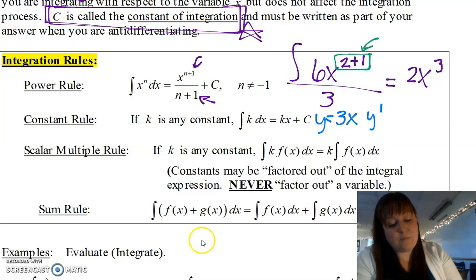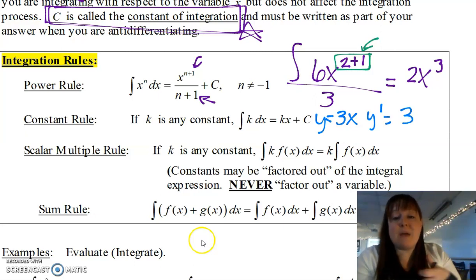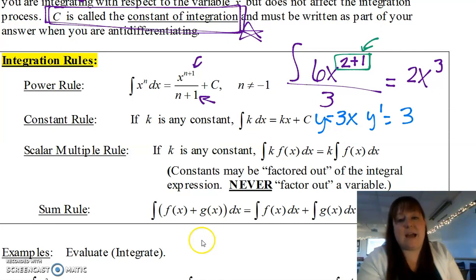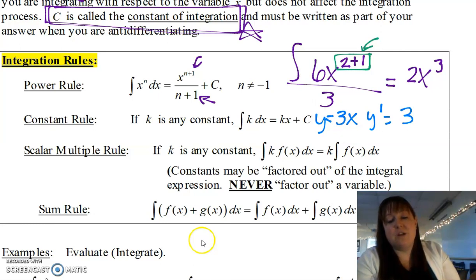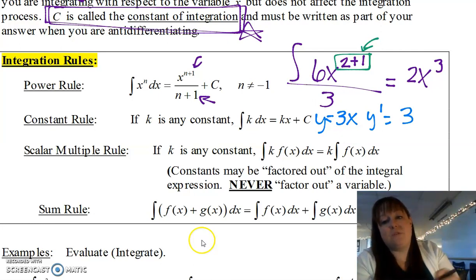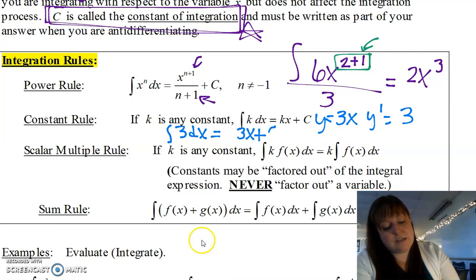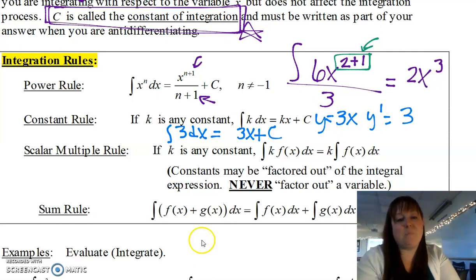Y prime equals 3, right? So if I want to go backwards, anytime I have a constant, we know that there was an x there before, and so I just tack that x back on, right? So the integral of 3 dx would be 3x plus c, okay?